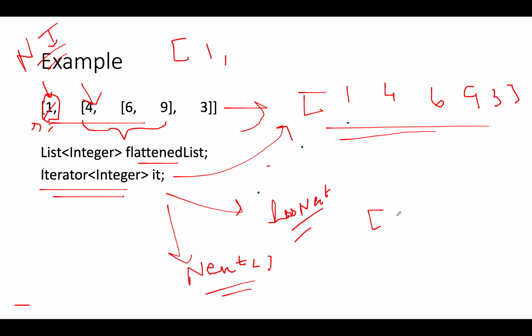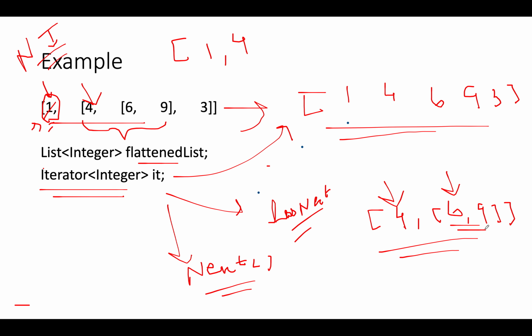So now we have elements as if 4 comma bracket 6 comma 9. By virtue of recursion, we will fill in this list first, and the first element is 4. We are going to do the same thing. Is integer check says true, we'll add 4 to this, and we'll move on to the next element.